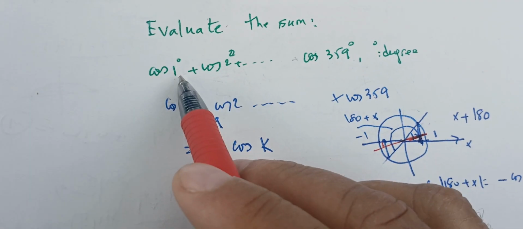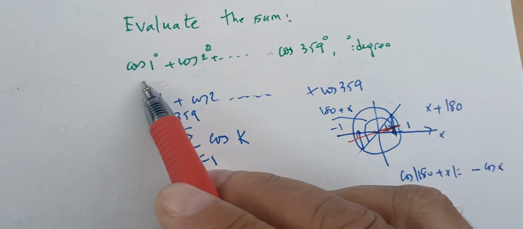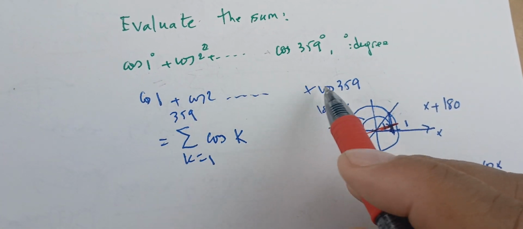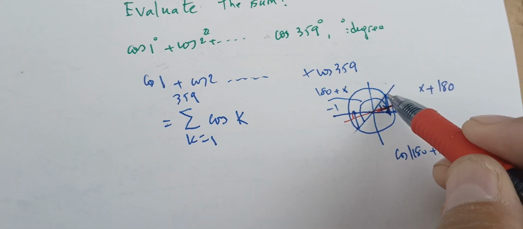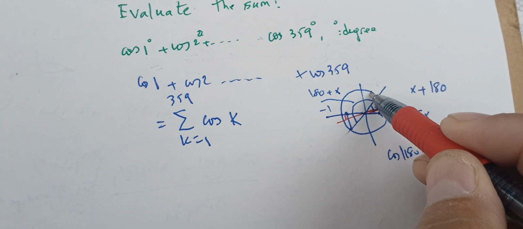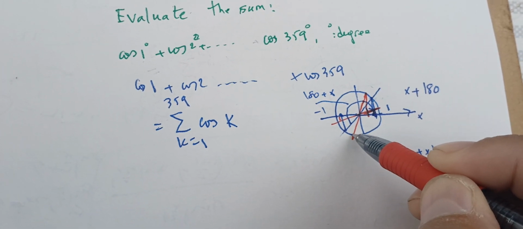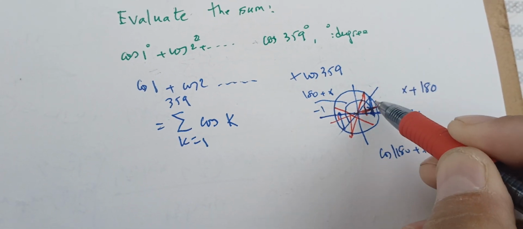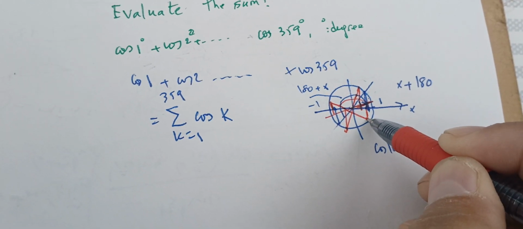Likewise for cosine of 2 plus cosine of 182: the cosine is positive here and negative here, so they add up to 0. If the angle is this one, the cosine is negative here, but positive here.